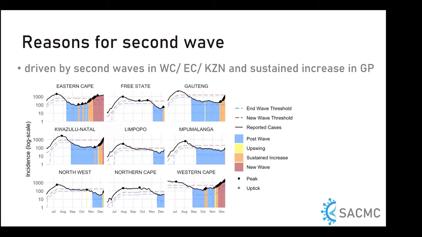The reasons for the second wave that we see at the national level is a number of provinces having gone into the same type of scenario, so a second wave consecutively. We all have heard of the Eastern Cape, which basically breached that threshold towards the end of September. Western Cape followed suit, but KwaZulu-Natal has also breached that threshold in the last couple of days.